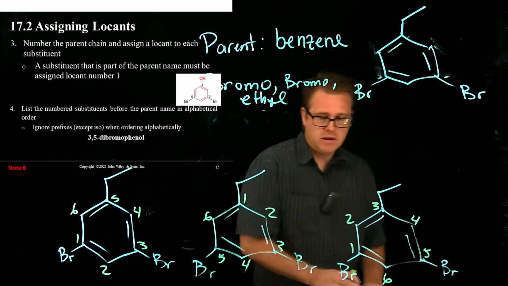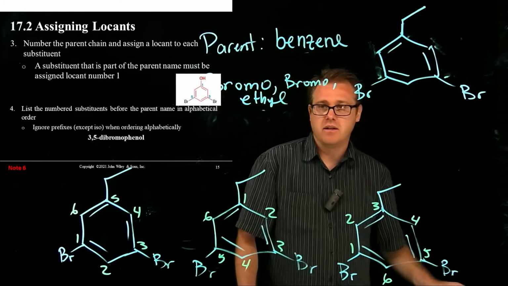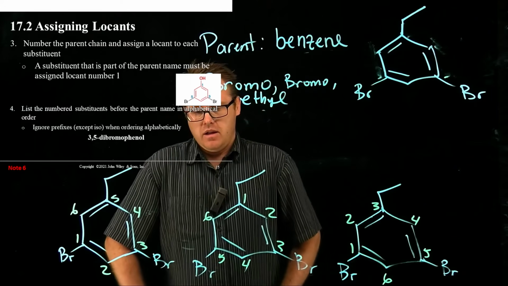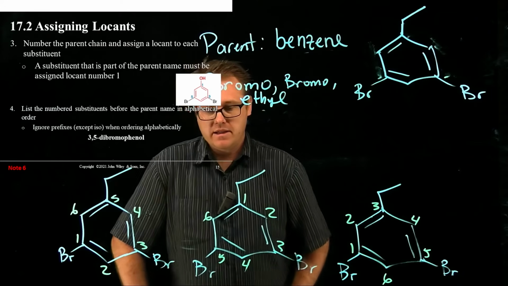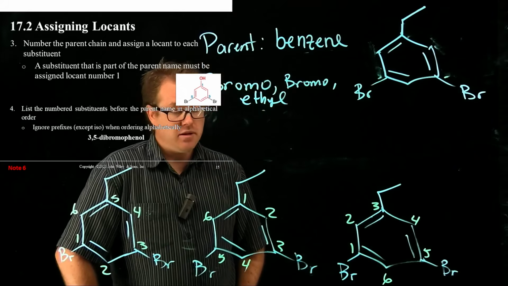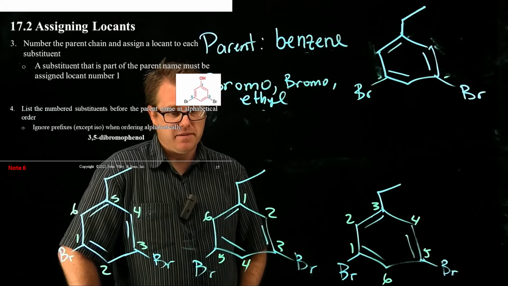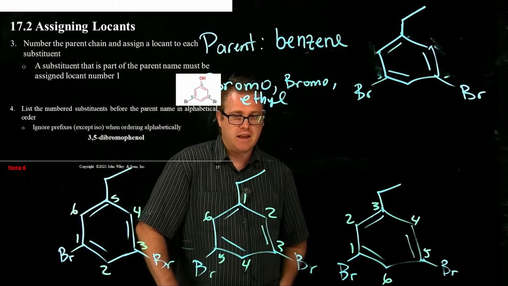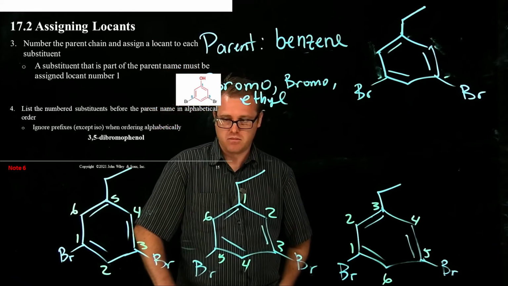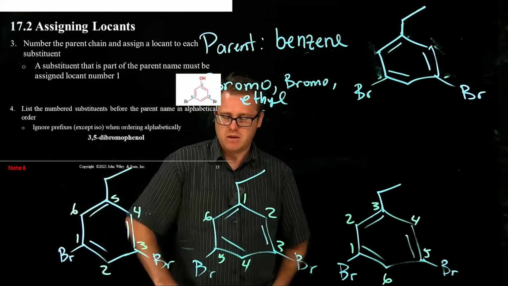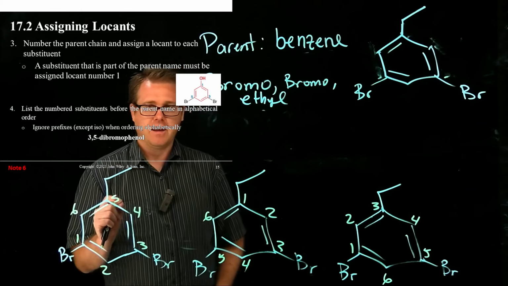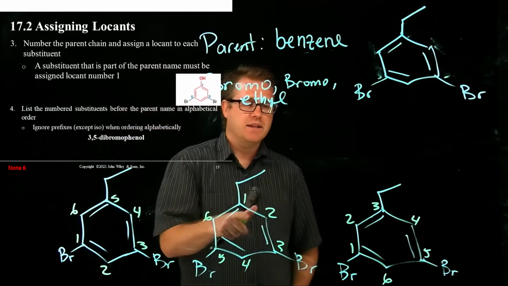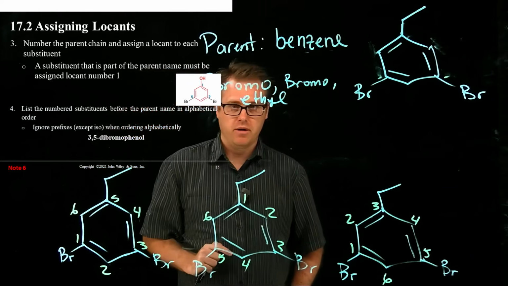All right. Now the answer right there is in number 3 there. It says number the parent chain and assign the locant to each substituent. Now, we have to do that though in priority. So the trick here is we have to prioritize the numbering scheme based off of alphabetical order.